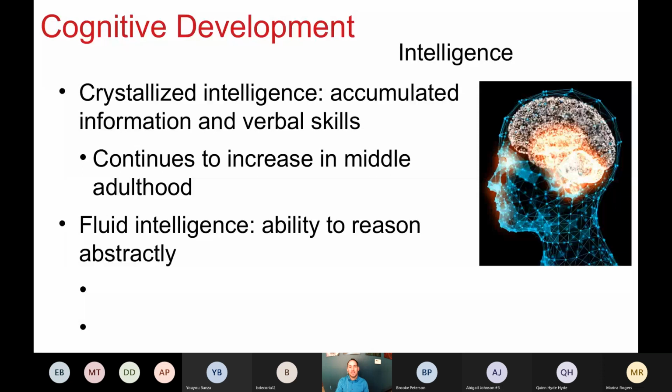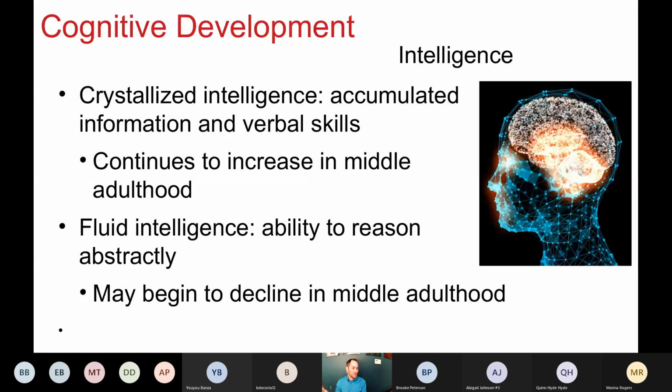Fluid intelligence is that ability to reason abstractly. You take the knowledge that you have and you can twist it or think about it in different ways. Think of solutions that you've seen in the past, maybe solutions that have worked in one domain, and you try it in this domain, even if you've never seen that done before. That ability to think outside the box and reason more abstractly, that's fluid intelligence.